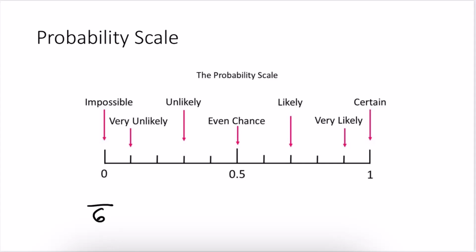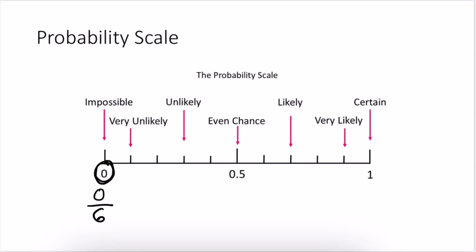Well, there are no 10s on a 6-sided dice, and so that would be 0 out of 6, but there's no way that you could get a probability that's smaller than 0, because there's no way that you could get a negative number of favorable outcomes. So 0 is the smallest number that a probability can be. And it basically means that it's impossible for that thing to happen. Like, it's impossible to roll a 10 on a dice.